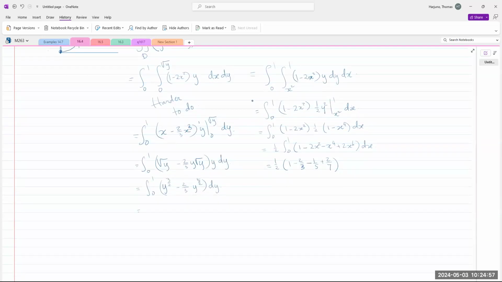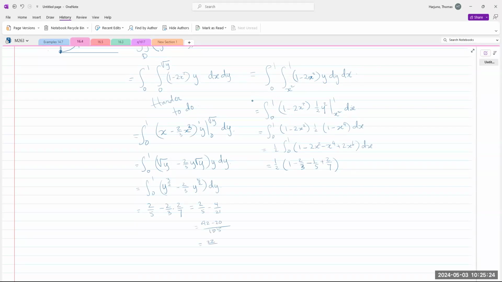That is 2/5 minus 2/3 times 2/7. I hope I get the same result. Why do I feel like I don't get the same result right now? So 2 over 5 minus 4 over 21. 42 minus 20 over 105.